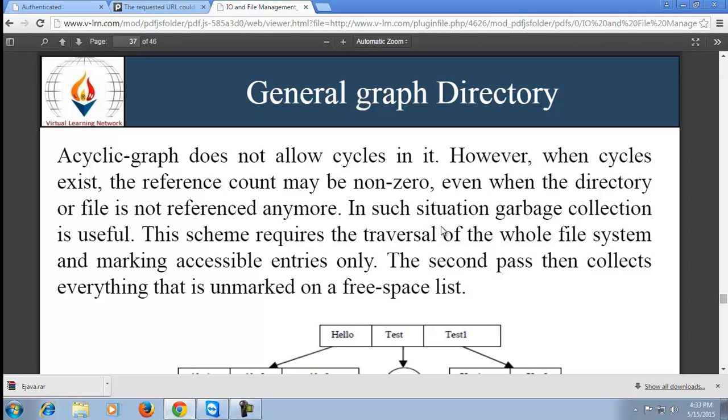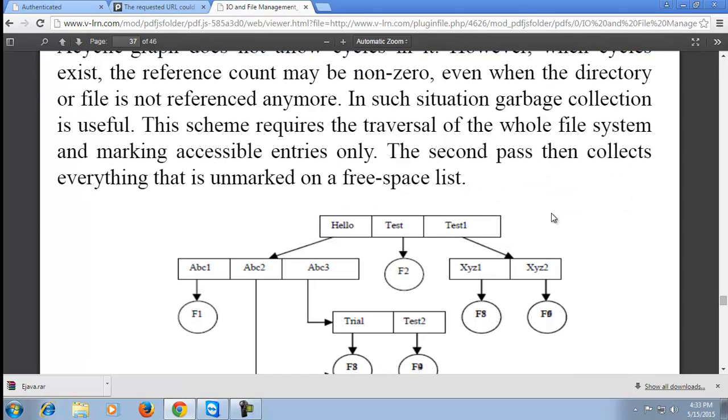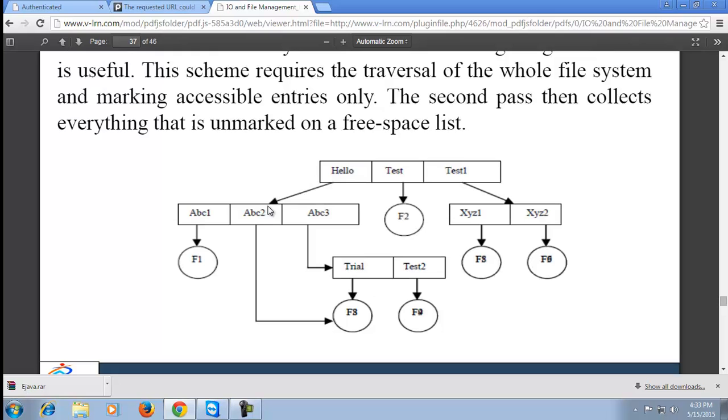This scheme requires the traversal of the whole file system and marking accessible entries only. In the second pass, it collects everything that is not marked onto a free space list, which is referenced here, similar to the previous diagram in which we have a single file referenced in multiple ways and having updated content.